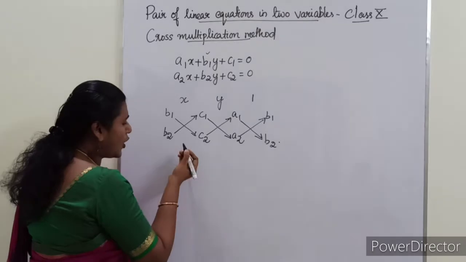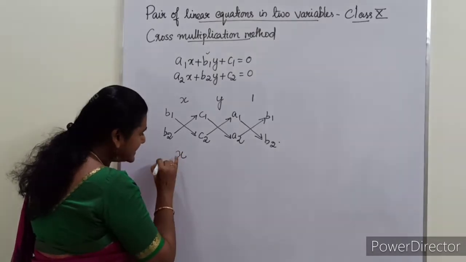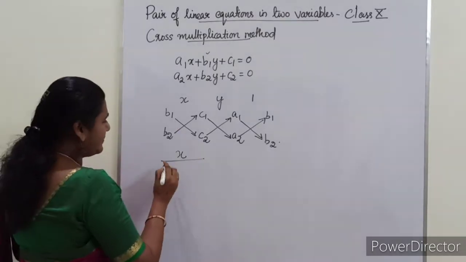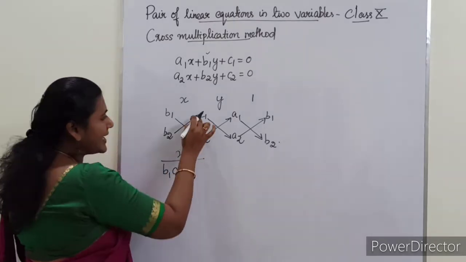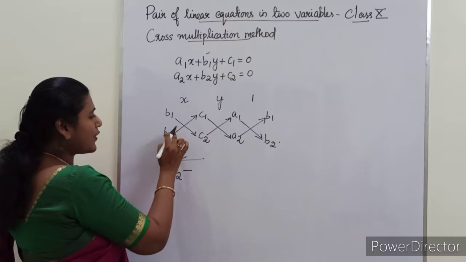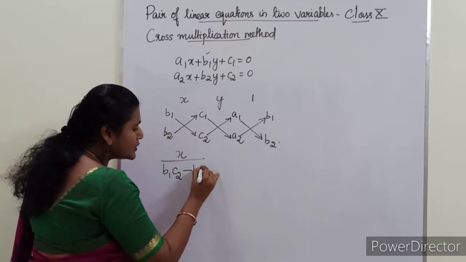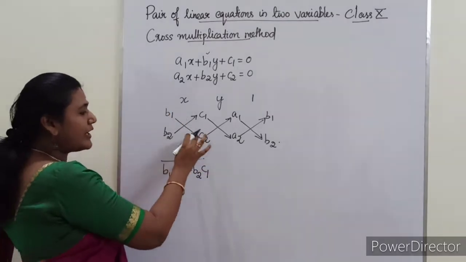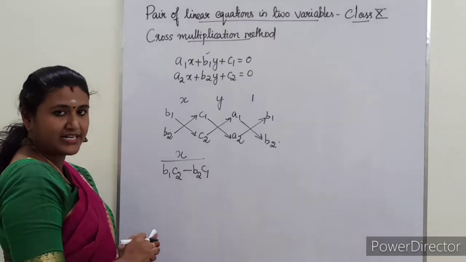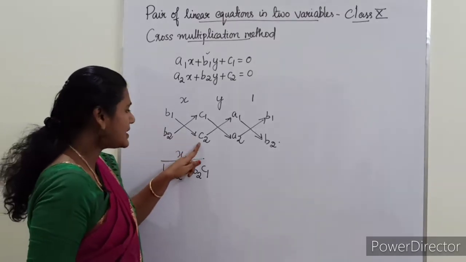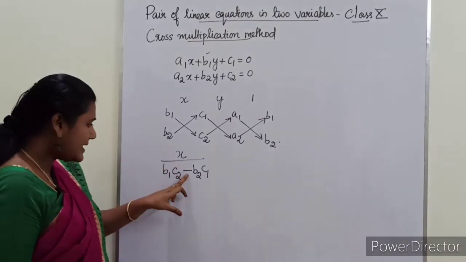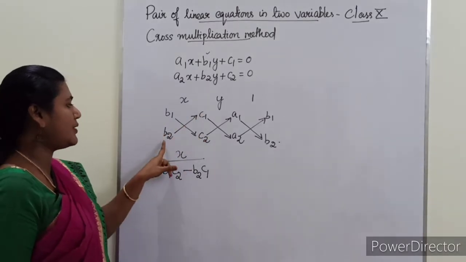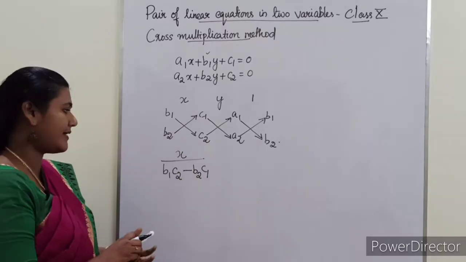So the next step: x divided by, you multiply these two, that is b1 c2, and subtract the second product, which is b2 c1. You should be very careful about the order in which you write the numbers. These two numbers you multiply and write first, then the minus symbol, then multiply these two numbers and write.